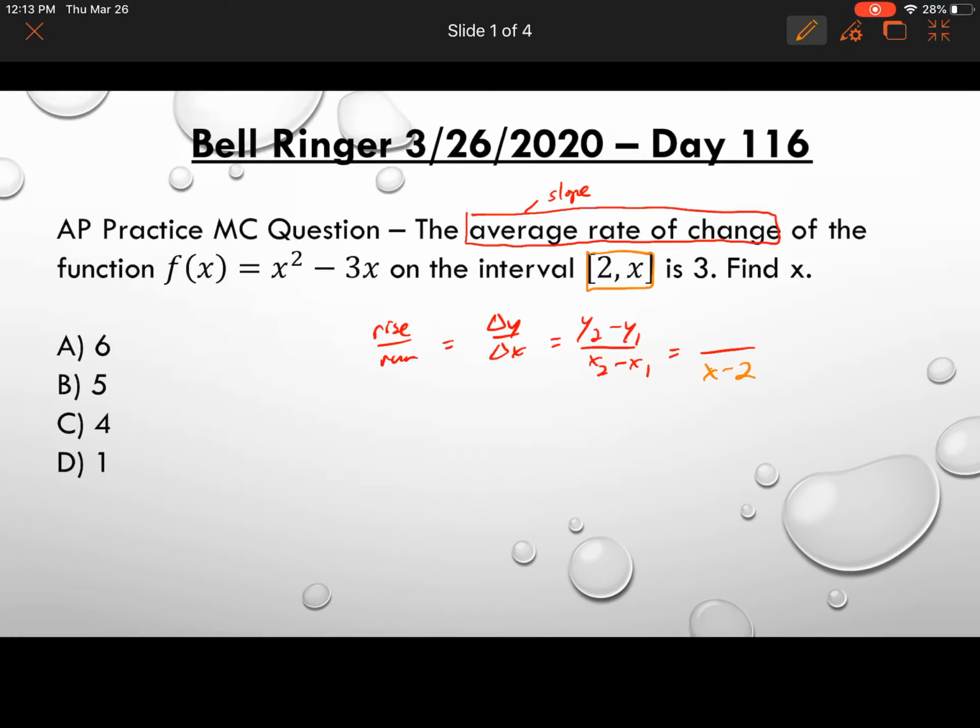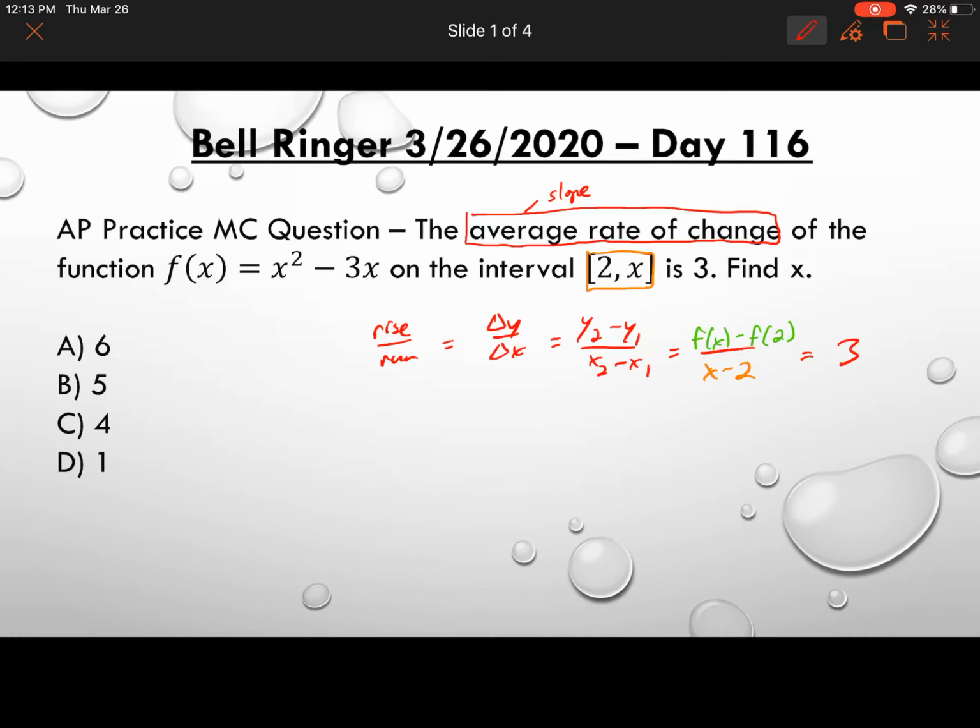So what are our two y values? Well, remember, since we're given our function, our two y values are just going to be the function values at those two x values. So f of x minus f of 2. Those are our two y values. That's our y2, that's our y1. We're told that this is equal to 3.